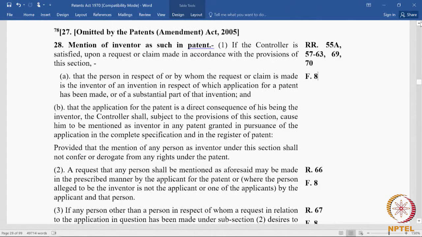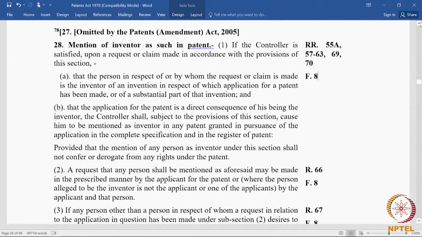The status of an inventor is different from the status of an applicant. There are cases where the inventor can be the applicant, but these are two different entities. The inventor is a person who comes up with the invention for the first time. That's why he is called a true and first inventor.